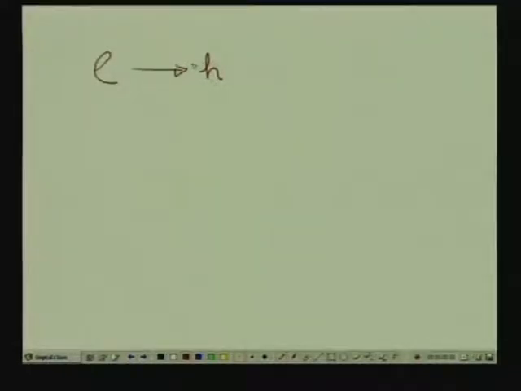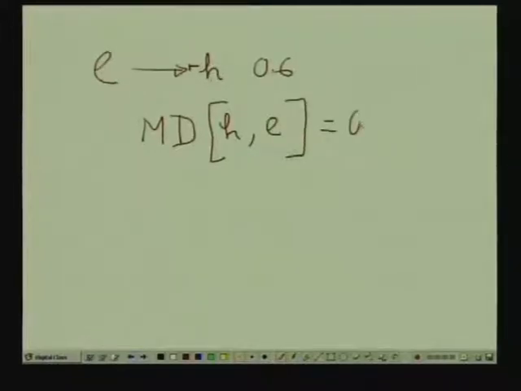So, something like not H. If E tells not H with some strength, say 0.6, then we can say the measure of disbelief in the hypothesis H given the evidence E is 0.6.